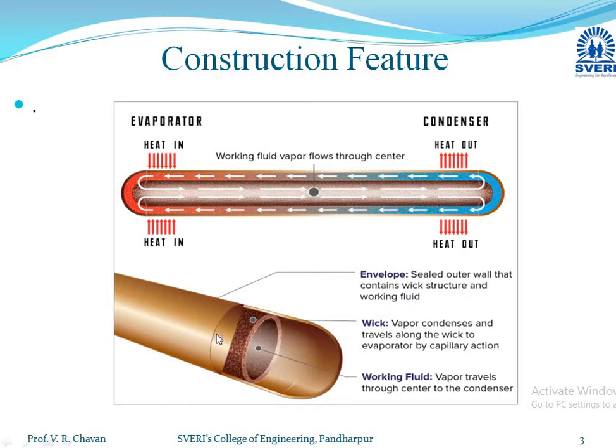Inside that tube there is a structure on the surface of the tube. It is a mesh type or porous structure, which is called a wick. Then the working fluid is there. Here you can see the vapor form of the working fluid. The working fluid is present in two states, liquid and vapor.